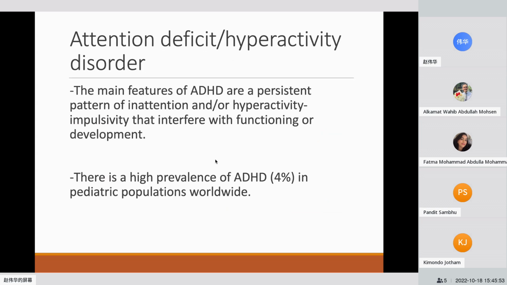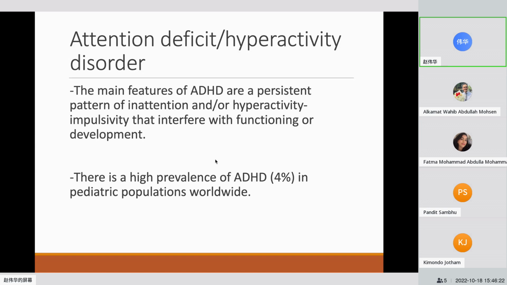And the other one is about the psychiatric disorder, called attention deficit hyperactivity disorder. This kind of disorder shows a persistent pattern of inattention and/or hyperactivity, called impulsivity, that interferes with the function or development.